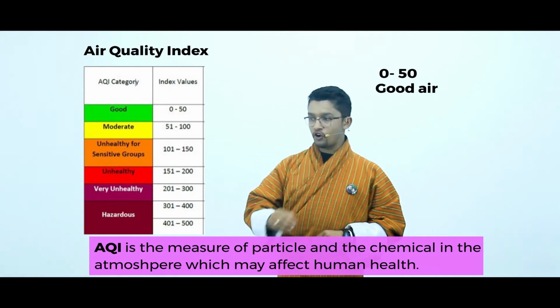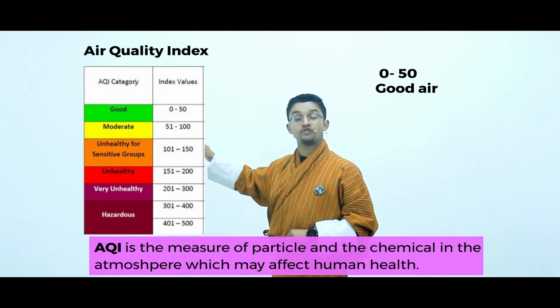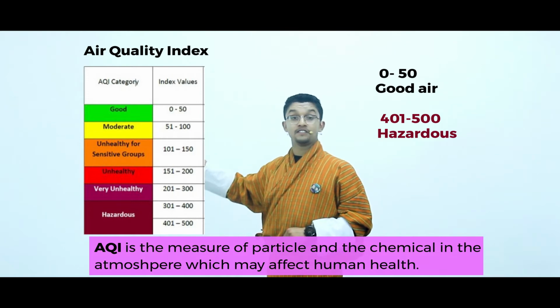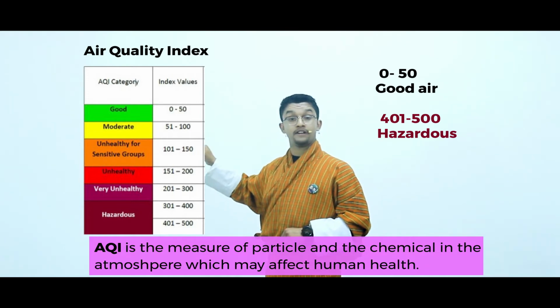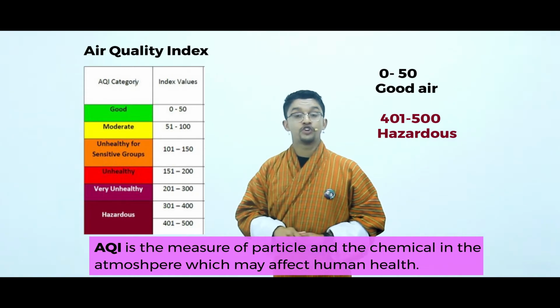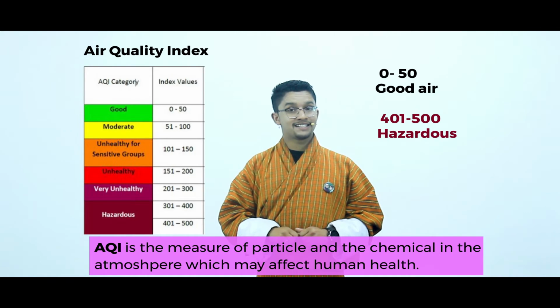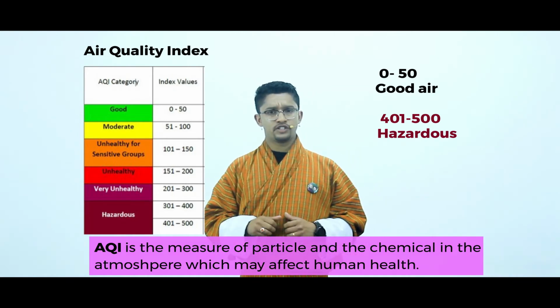However, as we go on, when we reach somewhere around 400, the density of particles in the air is not very suitable for human use. That's why we call that highly polluted air.